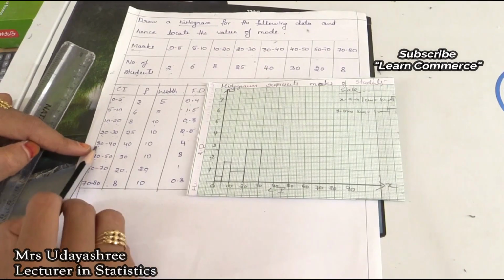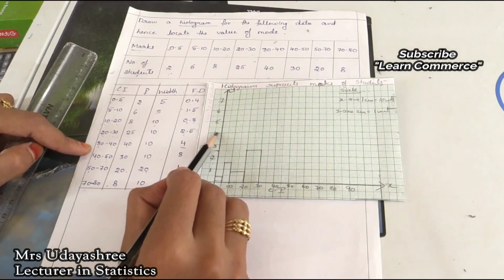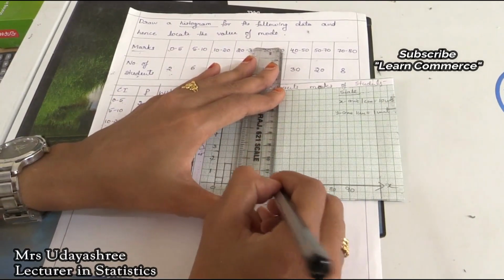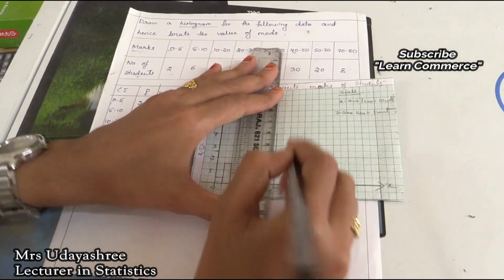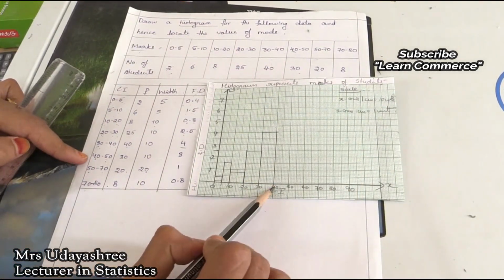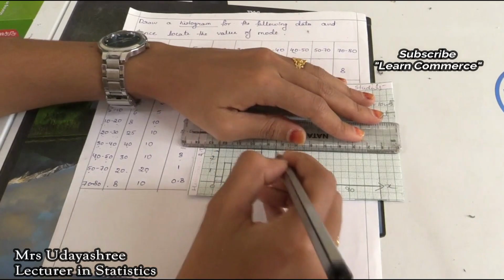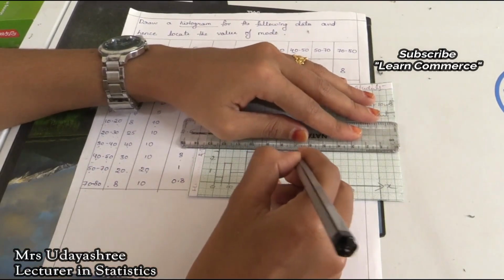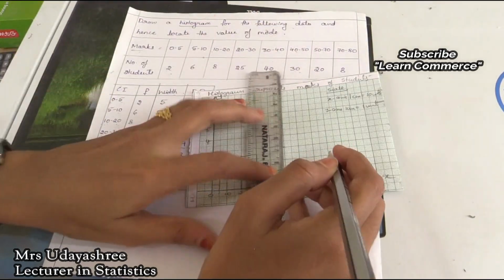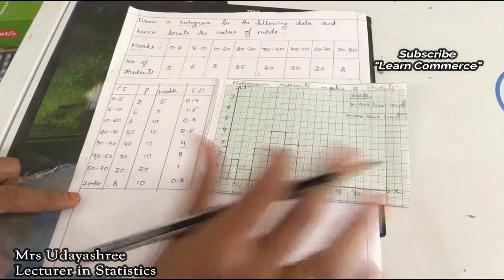Next 30 to 40, the corresponding frequency density is 4. Next 40 to 50, the corresponding frequency density is 3. 3 is here. Okay, next 50 to 70.